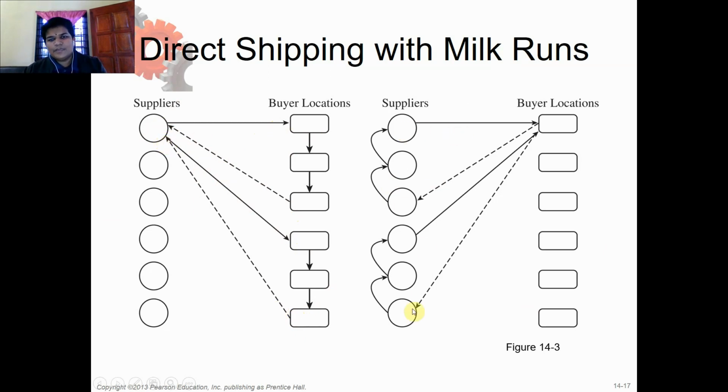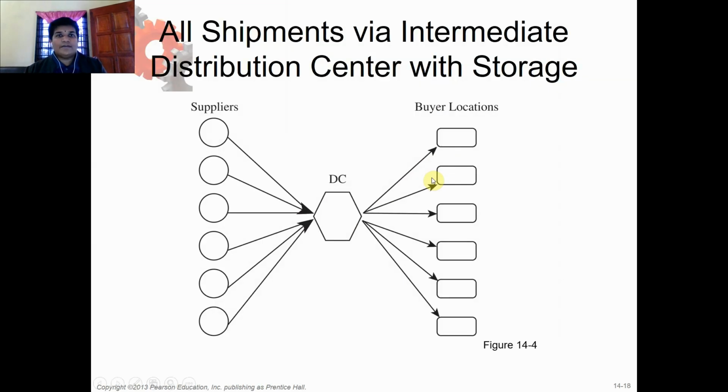Here, this supplier gives to this supplier, gives to this one, then this supplier transfers to the buyer location. This is called a milk run. By doing this, they will definitely reduce the cost of transportation because it is shared.